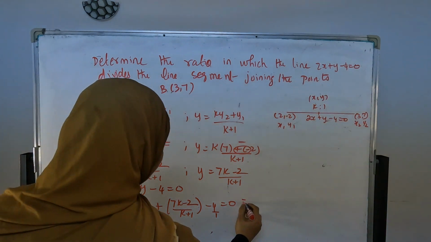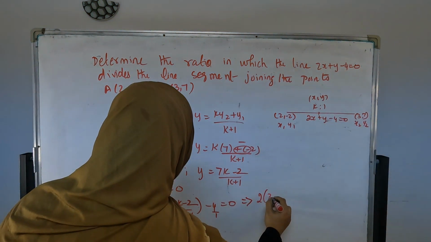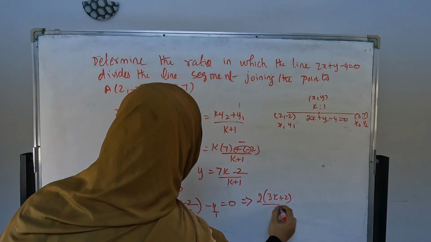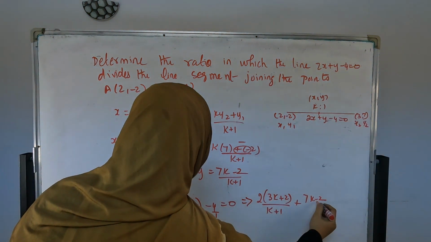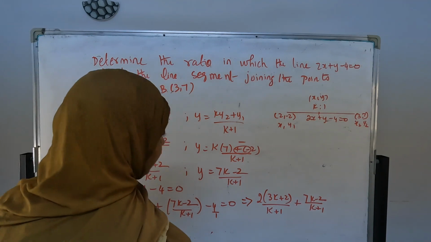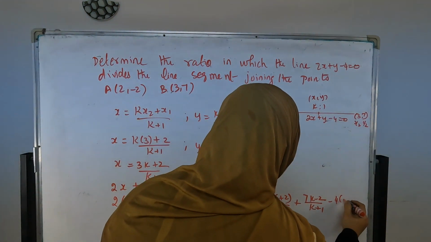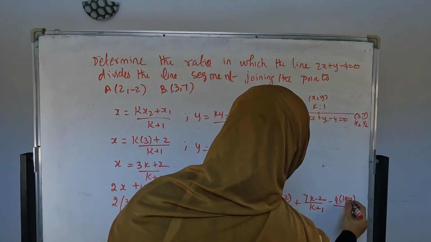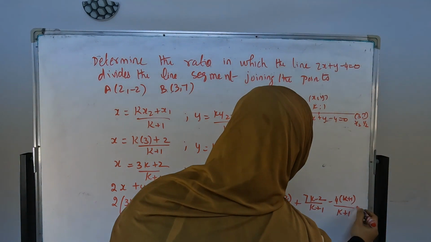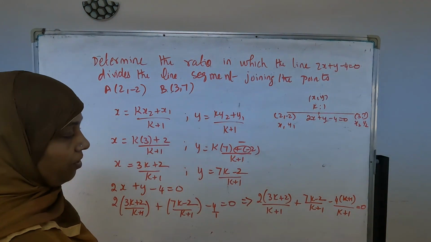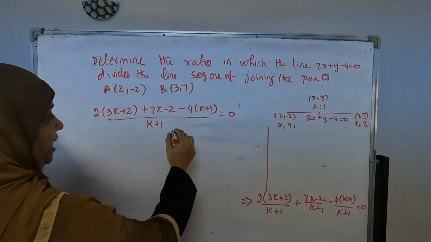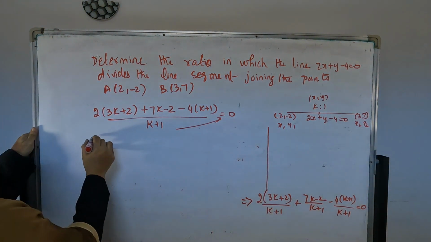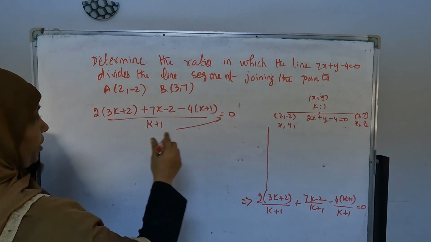That time we will get minus 4 (k plus 1) over k plus 1 equal to 0. Now all the denominators are the same, so write it one time. Now bring the k plus 1 to this side. It will become 0 into k plus 1, which is 0.